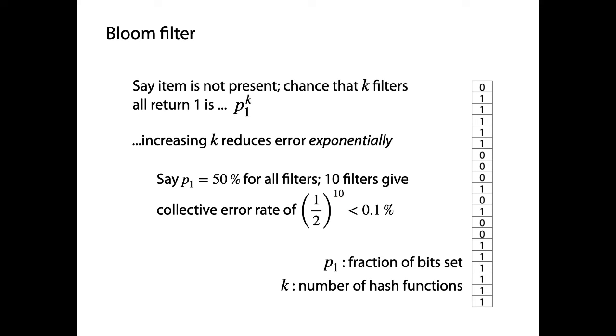That's going to be 1 over 1024, or a bit less than 0.1%. So even though the false positive rate with respect to a single filter is 50%, when we do it for 10 filters, it ends up being a very low number. We've driven it down exponentially quickly, k being the number in the exponent.